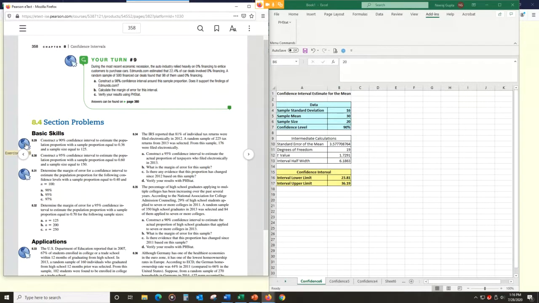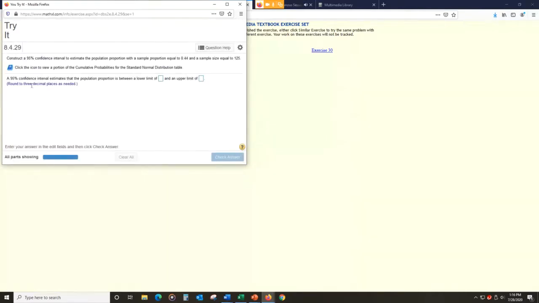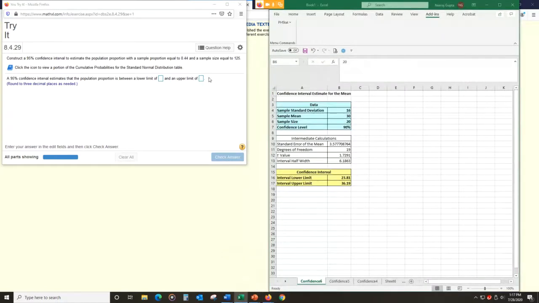If I take number 29, it is asking you to construct a 95% confidence interval for population proportion with sample proportion of 0.44 and sample size of 125. It says click on the portion of the table. You do not need that because we are using PHStat. So let's go to our PHStat.